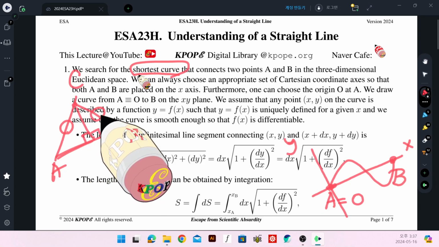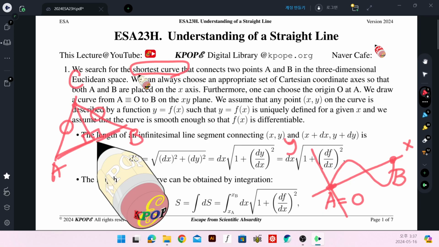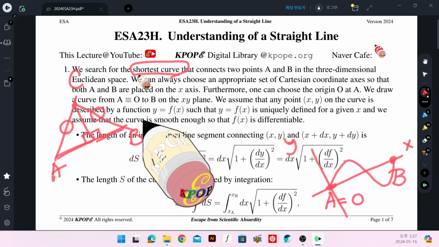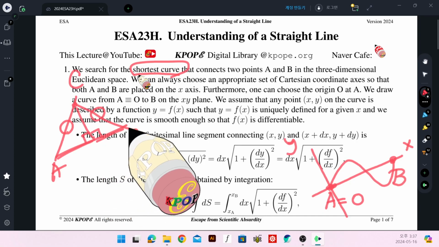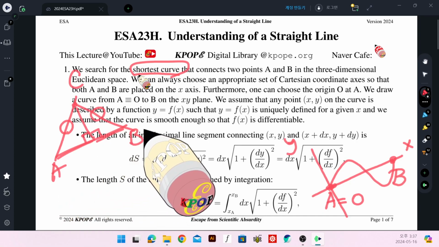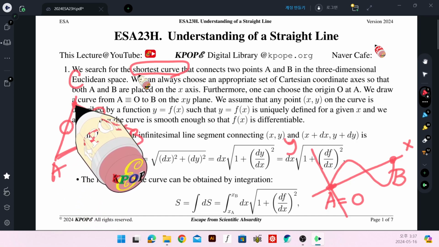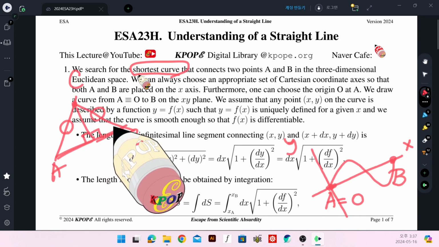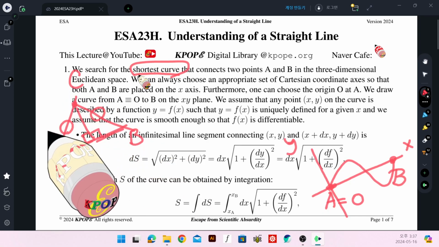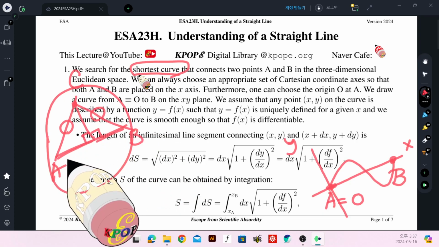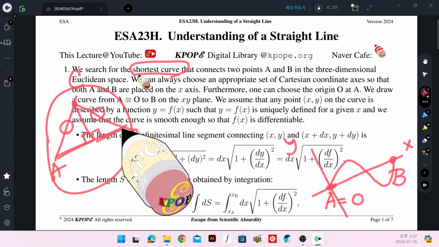Again, this hypotenuse of this right triangle is greater than this side. As a result, the straight line connecting A and B is shorter than this broken path AC plus CB. But it is only for the straight line and the broken lines.